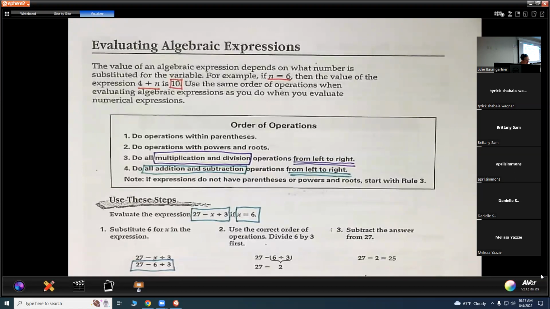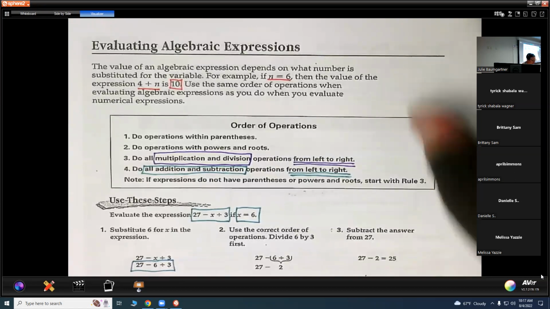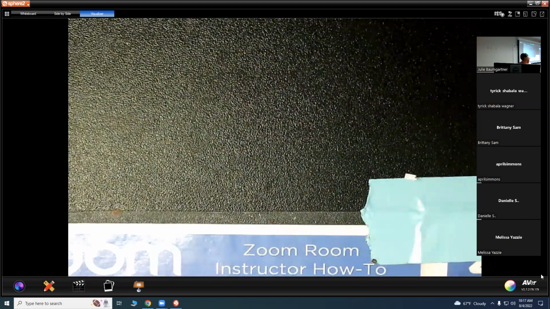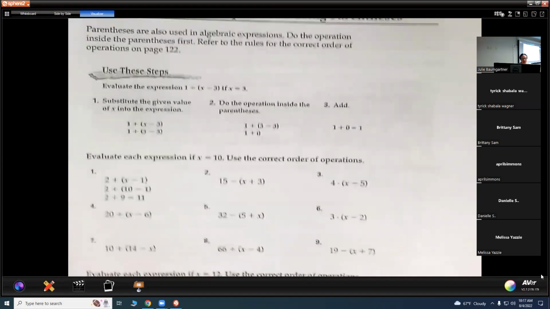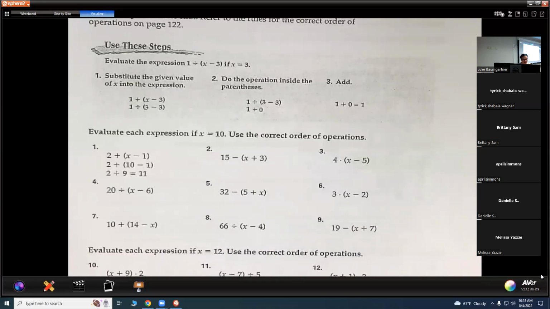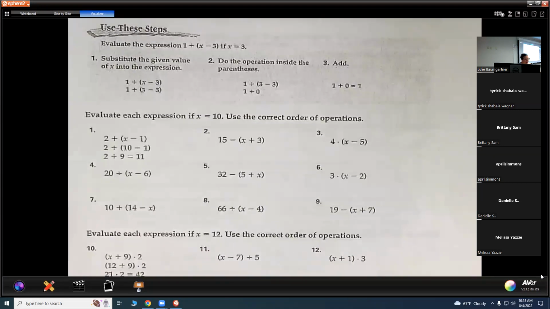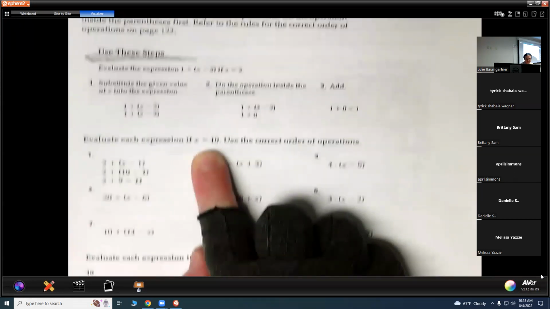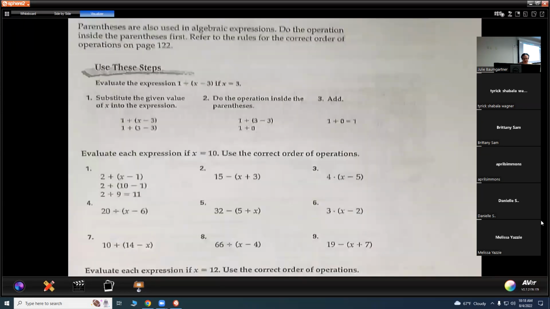I think everyone was doing pretty well with this. So we ended up basically on the last full page here, the second to last page. Here, they want us to use x equals 10 for these 9 problems.